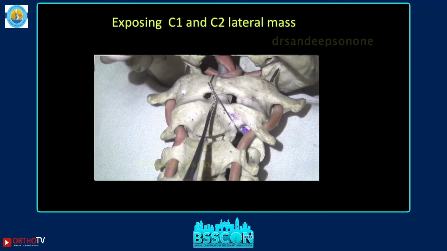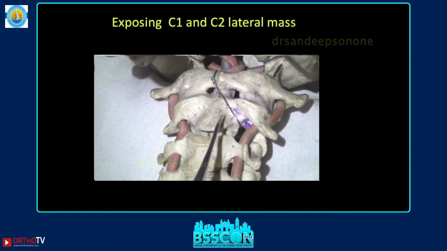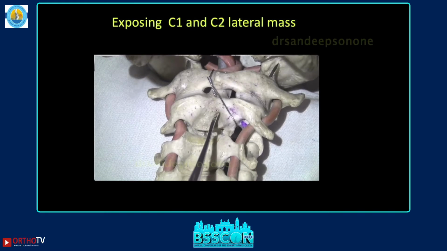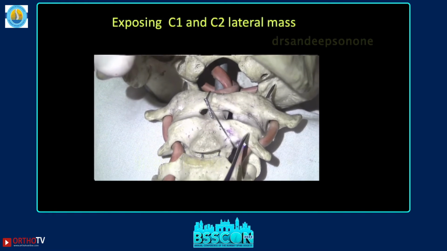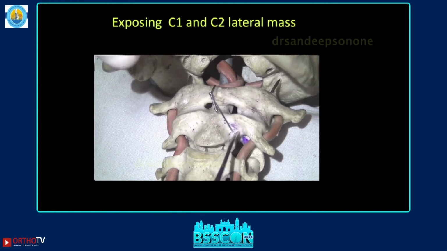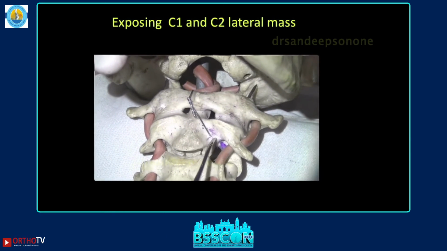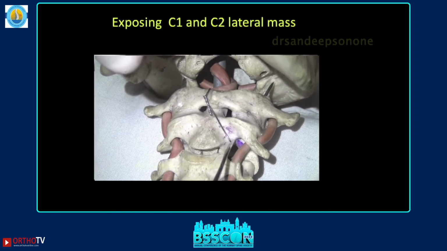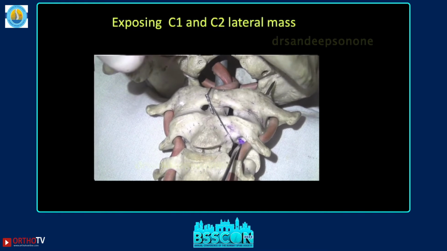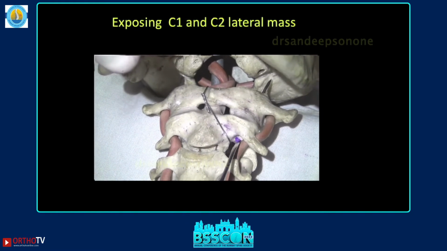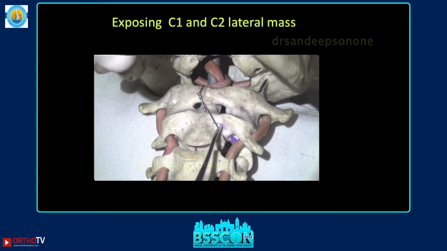Going on to the lateral masses, then we move on inferiorly onto the C2 body. Usually this is the area which is the easiest to identify. You can move on laterally from the C2 body onto the C2 lateral masses, making sure not to venture too far inferiorly on the C2 lateral mass to avoid injury to the vertebral artery.